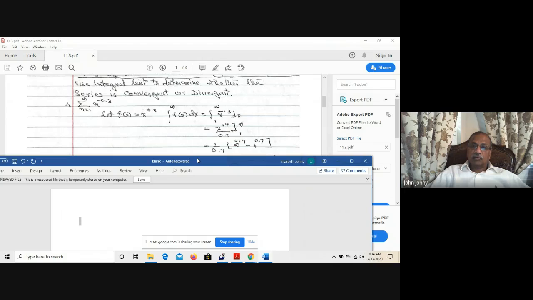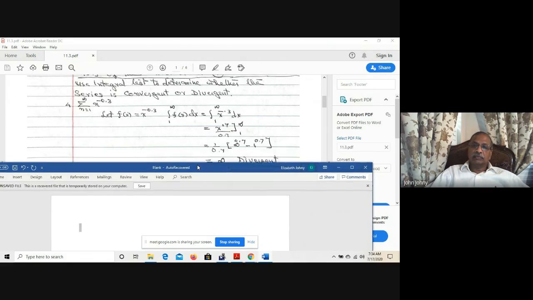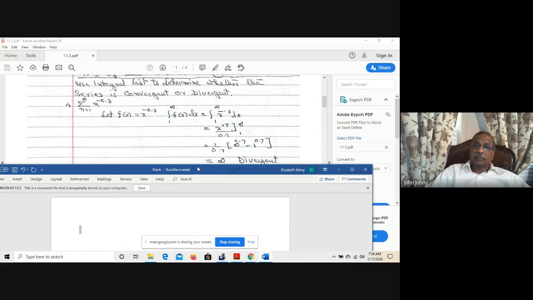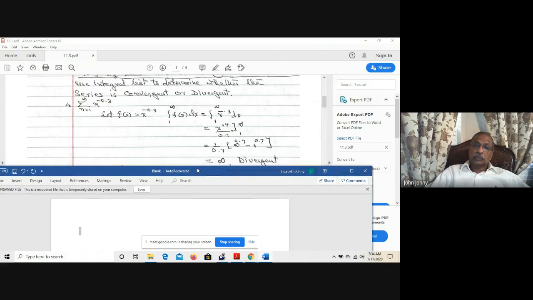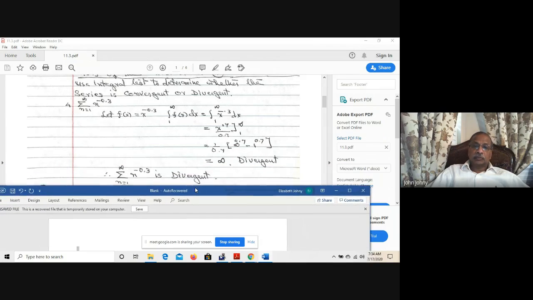That is 1 over 0.7 times infinity to the power of 0.7 minus 1 to the power of 0.7. Infinity to the power of any positive number is infinity. So this is infinity. Since it is infinity, the integral is divergent. Therefore, the series is divergent.